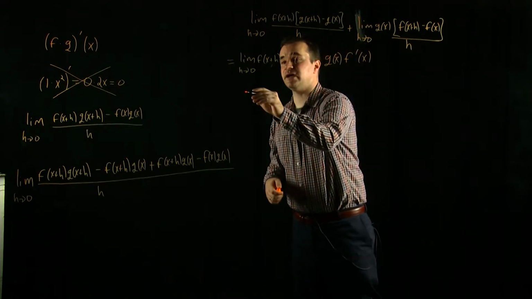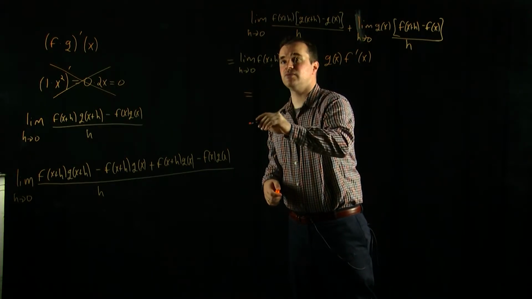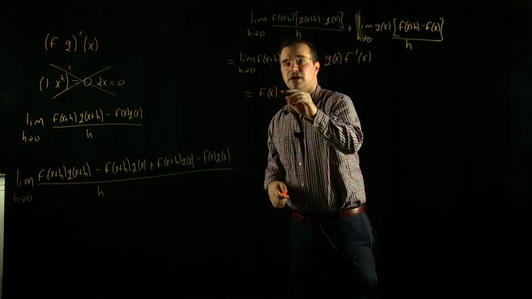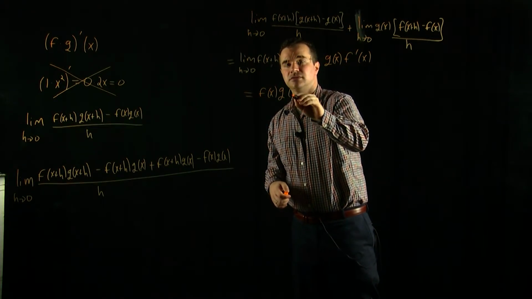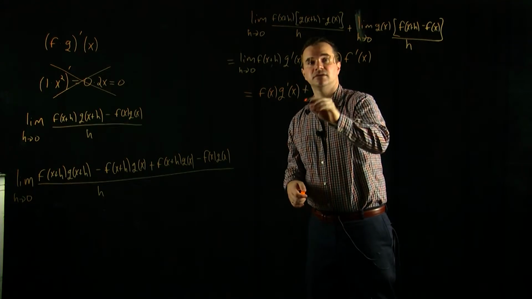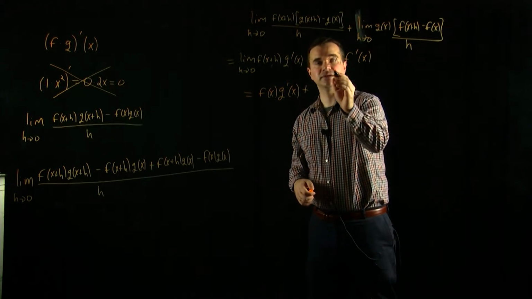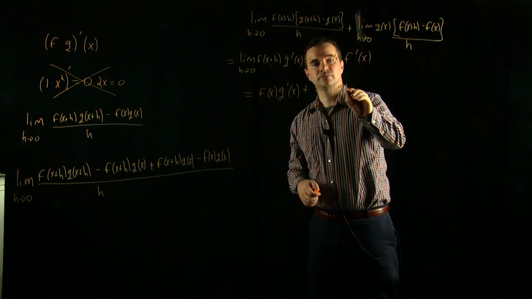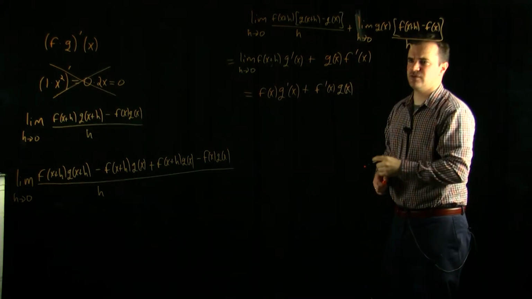So using that fact, I can rewrite this as f of x times g prime of x plus, and I'll write this as f prime of x times g of x. I just switched the order there a little bit.